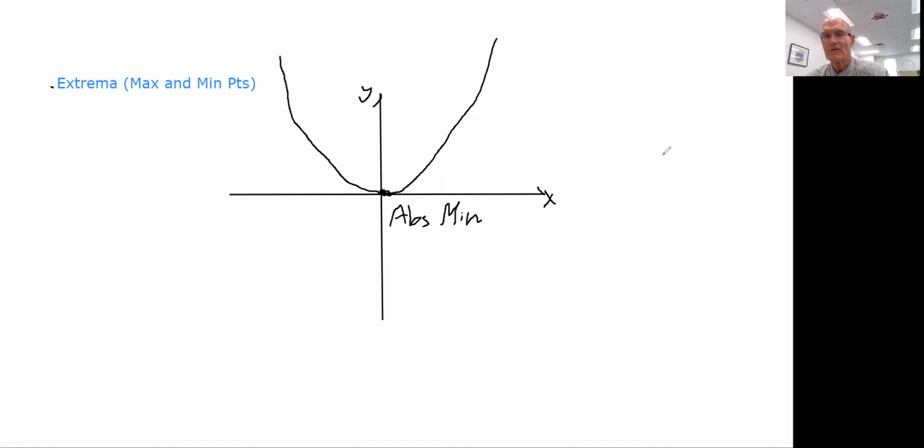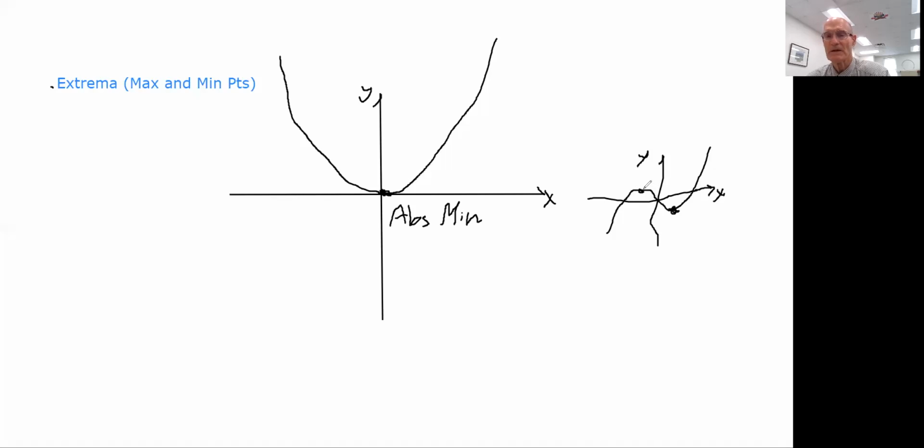Now, very quickly, if I have a third degree function over here, say I draw it, I come up like this, I come like this and go like that. This is my y-axis, and this is my x-axis over here. Say this point right here would be a local max, and this point right here would be a local min, because this point is the smallest point in its neighborhood, and this point is the largest point in its neighborhood.